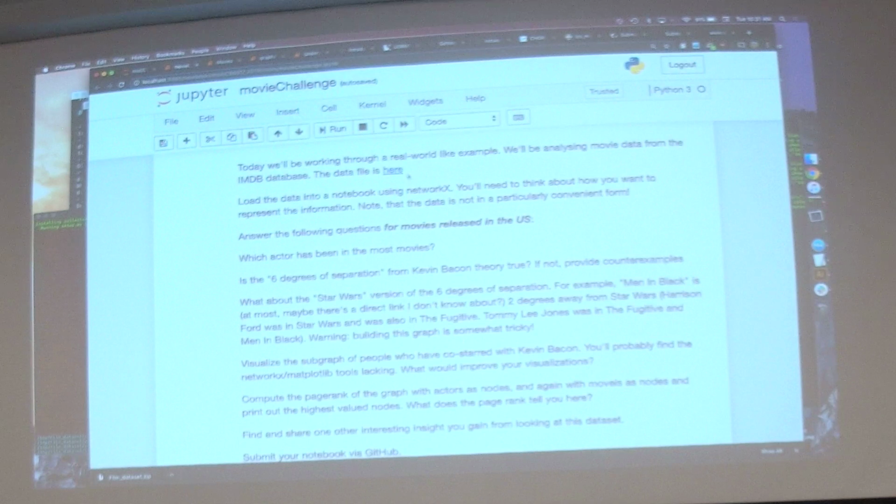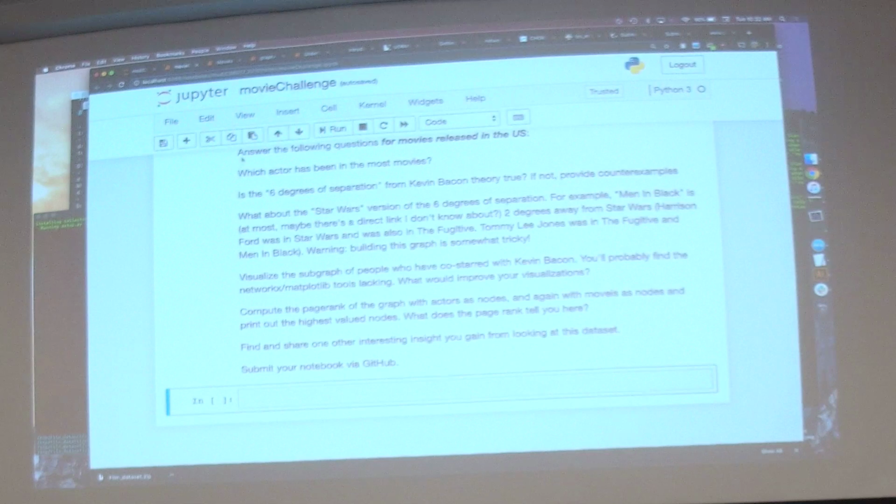This is a gigantic JSON-ish file with, I think, over 100,000 movies from all over the world. And we want to look at North American movies because we're going to be Anglo-centric this morning.